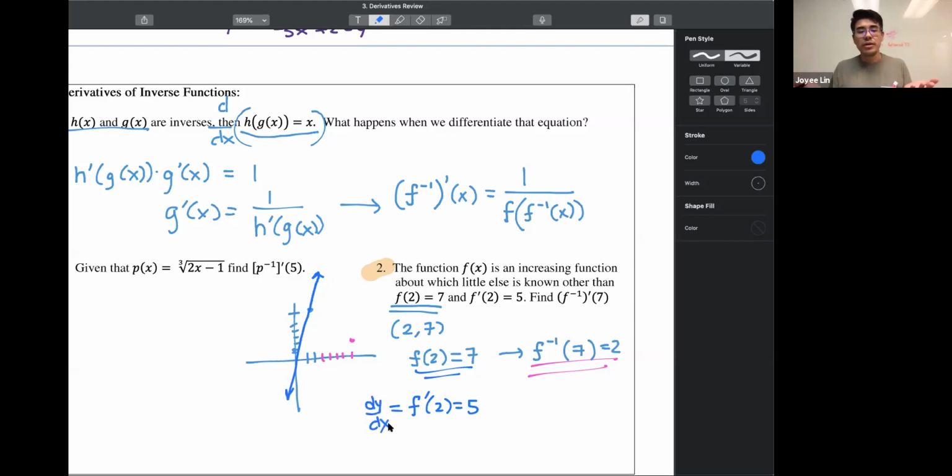Well, what is an inverse function? An inverse function is when you switch the x's and the y's. So then the slope of this thing will equal 1 over 5, right? You can think about the slope of this line over here as just the reciprocal, which is kind of like saying dx dy, even though it isn't necessarily.